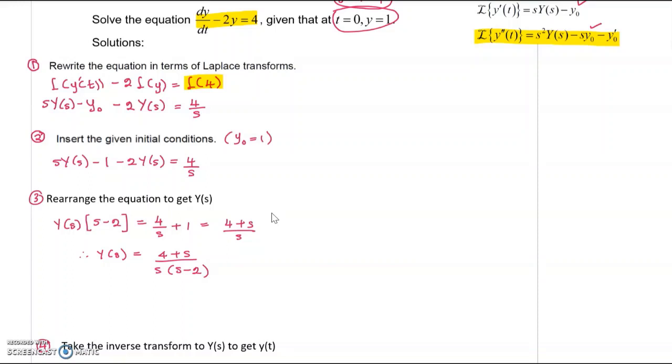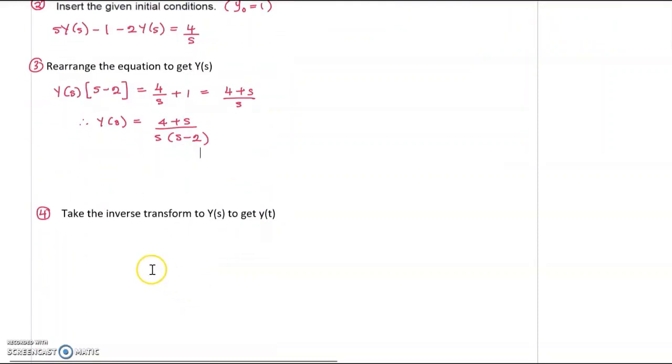And finally, we need to take the inverse transform of the ys that we have here to get the yt. So yt is the inverse of ys, which means we need to take the inverse of 4 plus s over s(s minus 2).